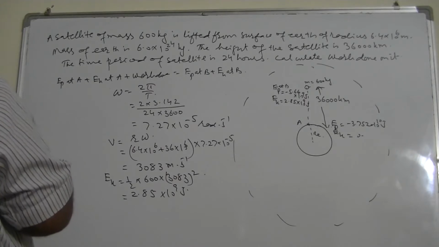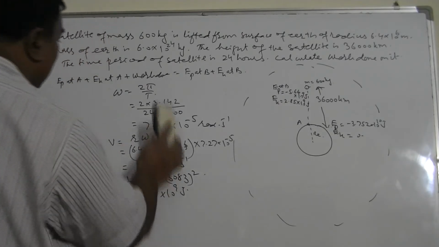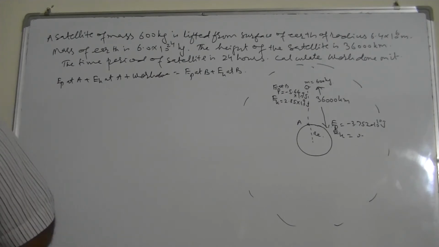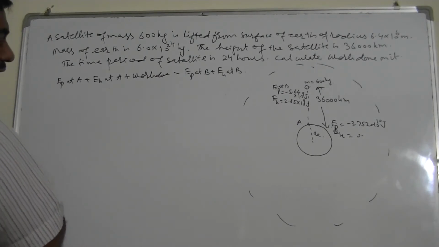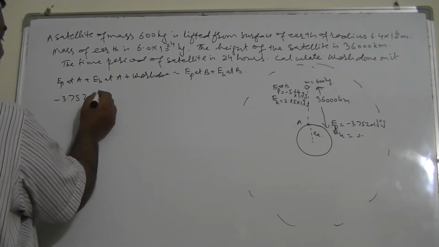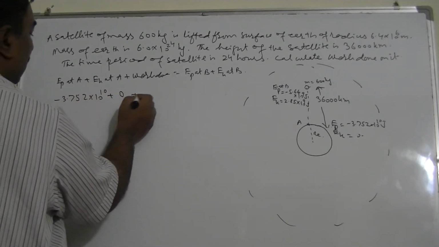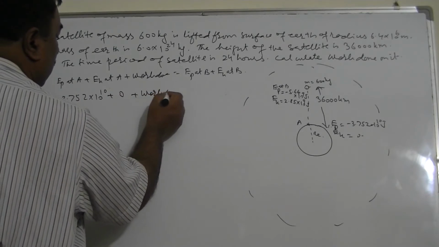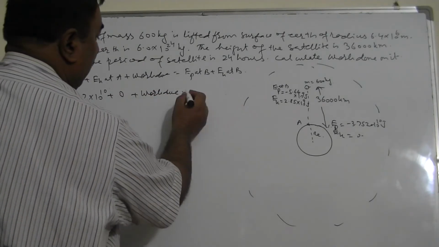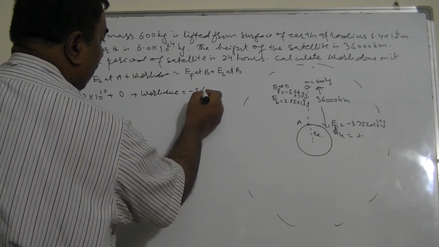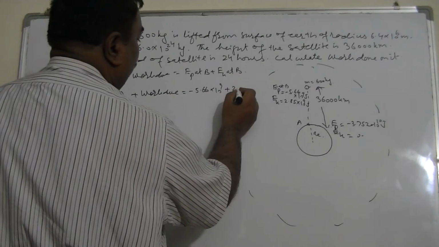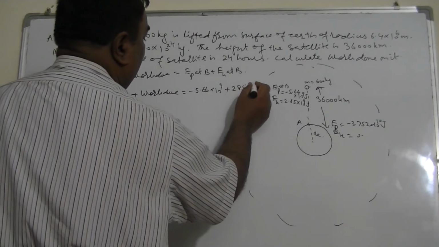So I can now use this equation: EP at A plus EK at A plus work done equals EP at B plus EK at B. EP at A is minus 3.752 into 10 power 10 plus EK at A 0 plus work done, equals EP at B, minus 5.66 into 10 power 9, plus EK at B, 2.85 into 10 power 9.